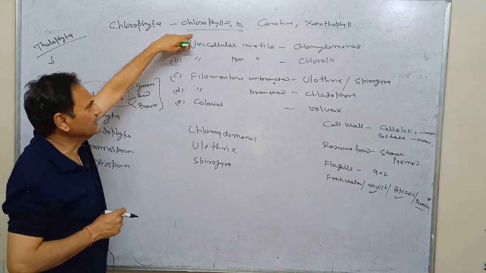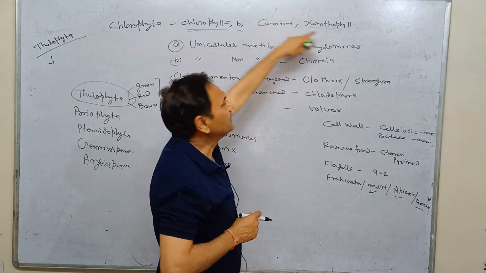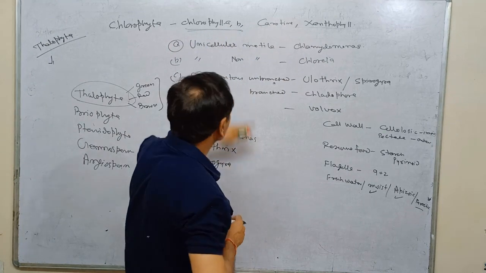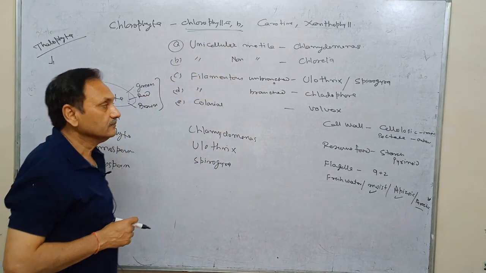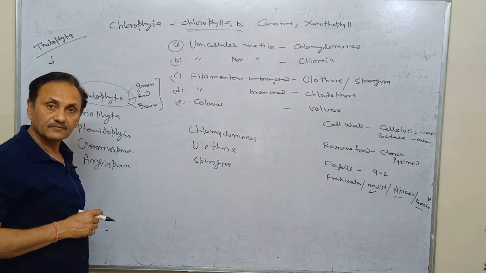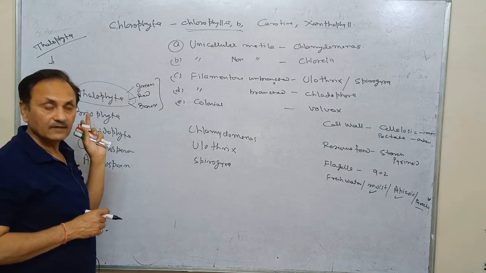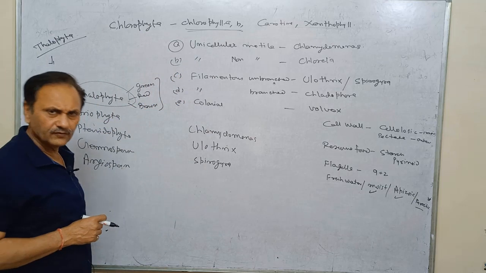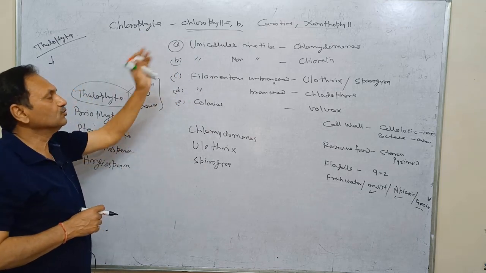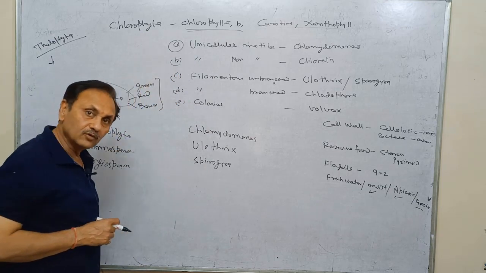In addition to that, carotene and xanthophylls are also present, but due to the abundance of the chlorophyll, its appearance is green.